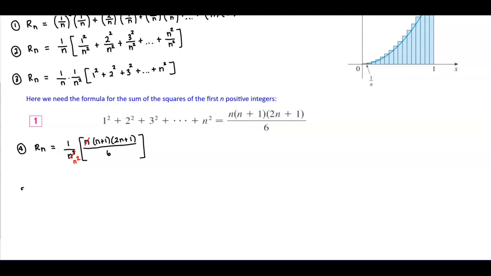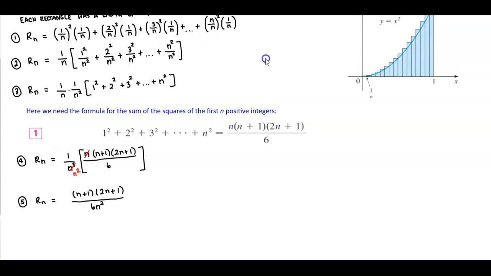So therefore, R subscript n is going to equal n plus 1 times 2n plus 1, divided by 6 times n squared, which is 6n squared.